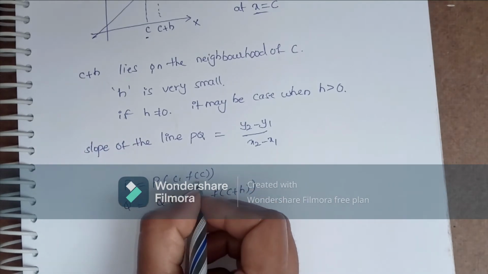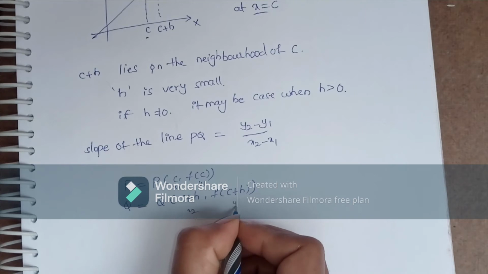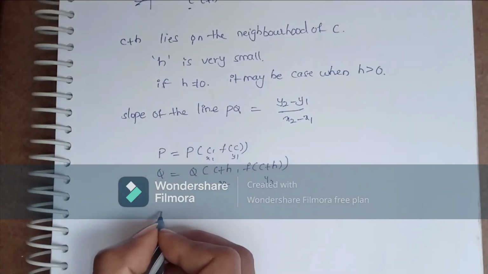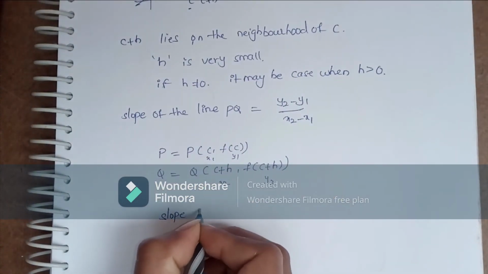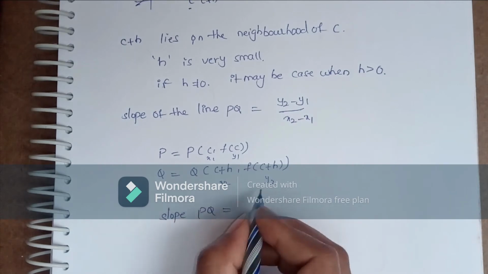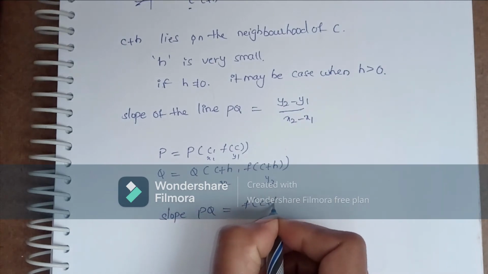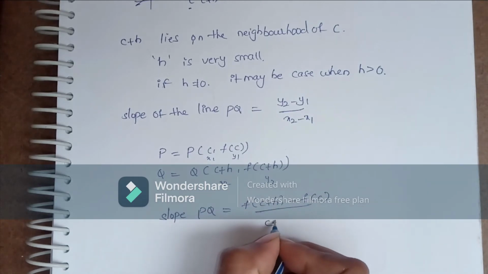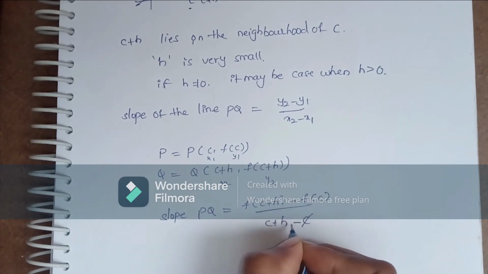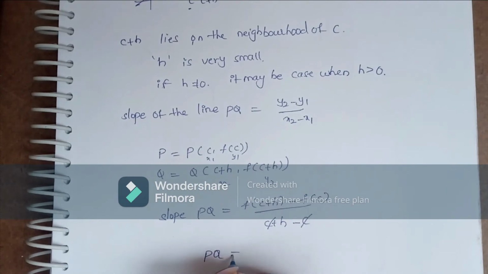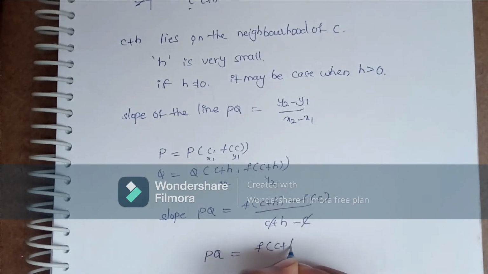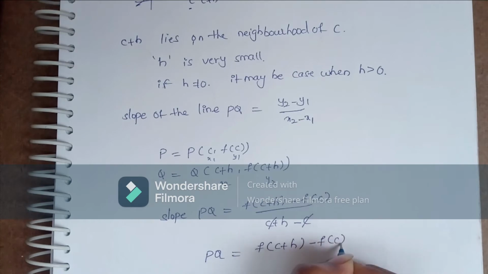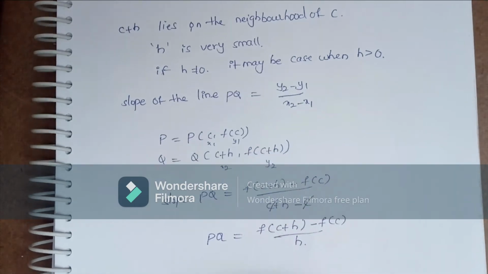These are x1, y1 and x2, y2. Then slope PQ is y2, that is f(c plus h), minus f(c), by x2, that is c plus h minus c. c gets cancelled. Then slope PQ is equal to f(c plus h) minus f(c) by h.